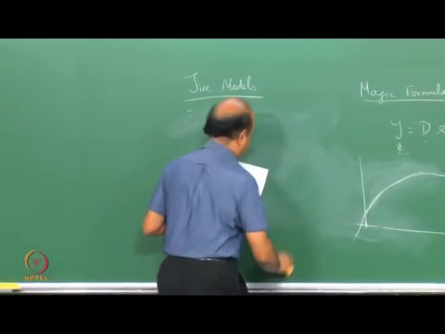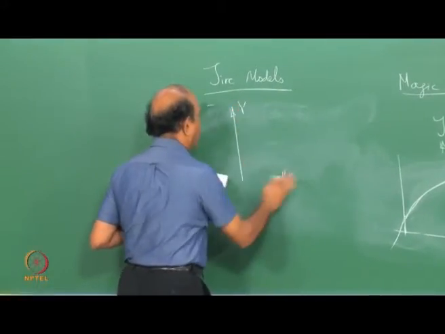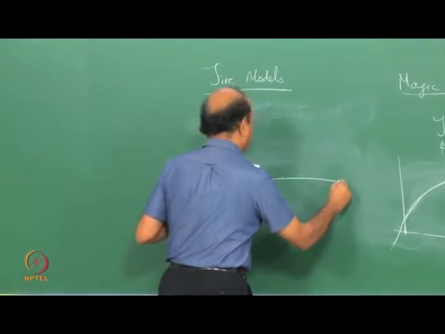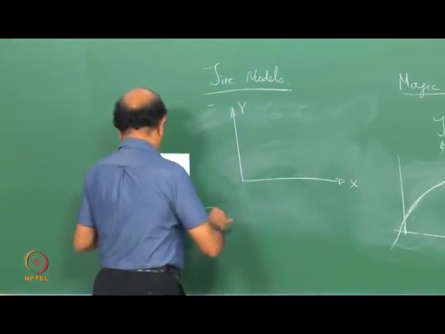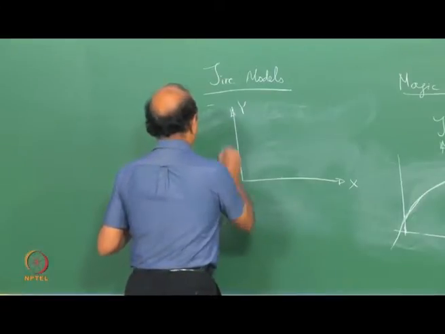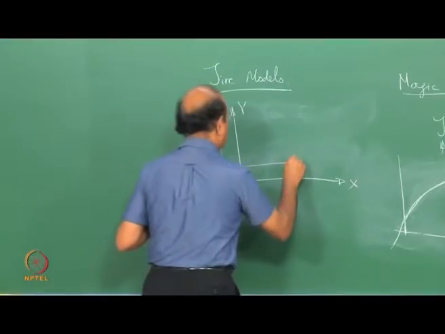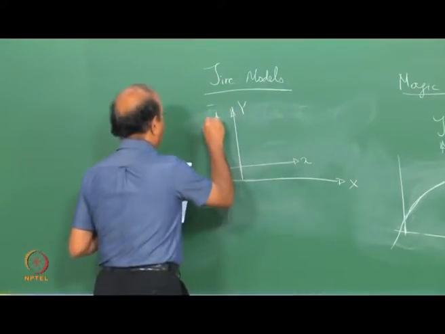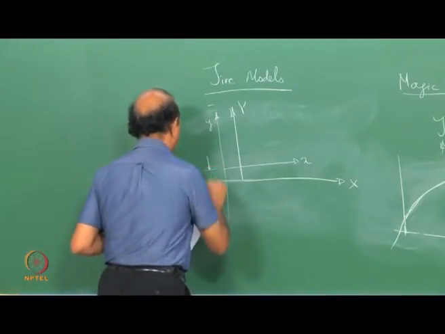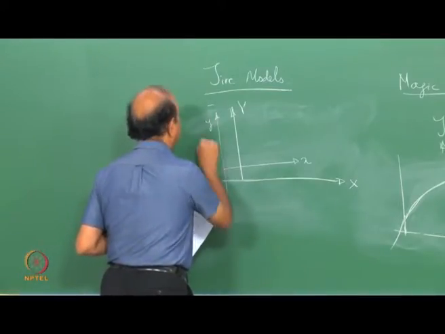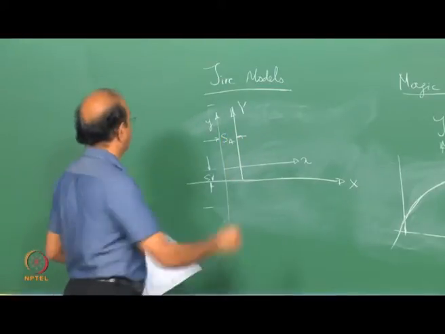So let me redraw that graph very cleanly. Let me call that Y and that X, and introduce small x and small y. Let me call this SV and this SH.